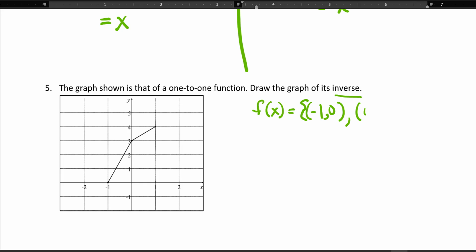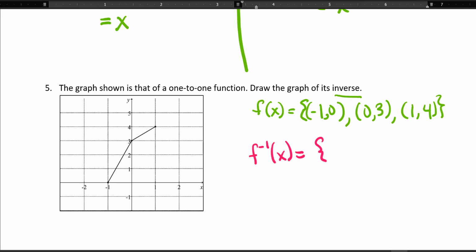We have 0, 3. And we have 1, 4. If we want to find its inverse, all we're going to do is reverse the coordinates.